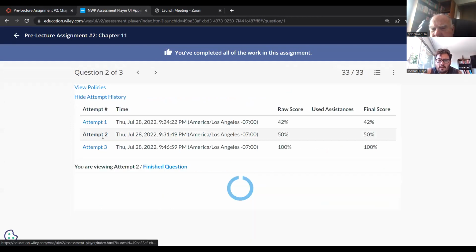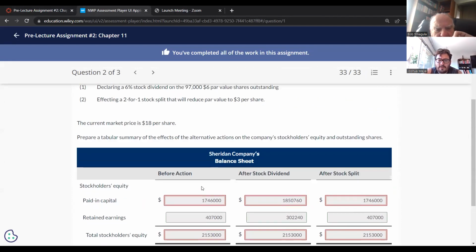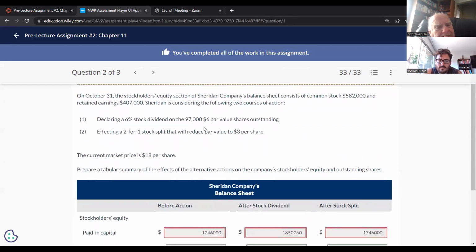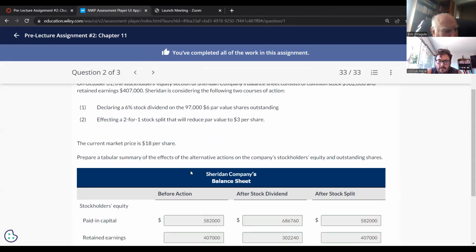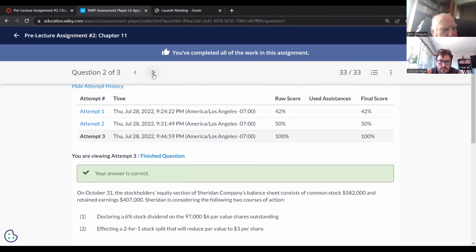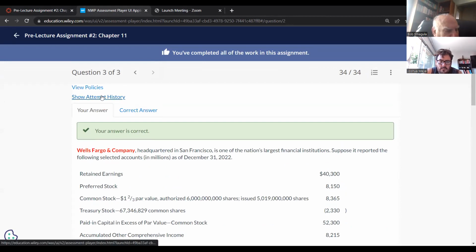I think, yeah, see, this one I had trouble figuring out the paid in capital. So I was doing all those calculations, and then finally I ended up getting it right. But I don't know where that one is. It might be.